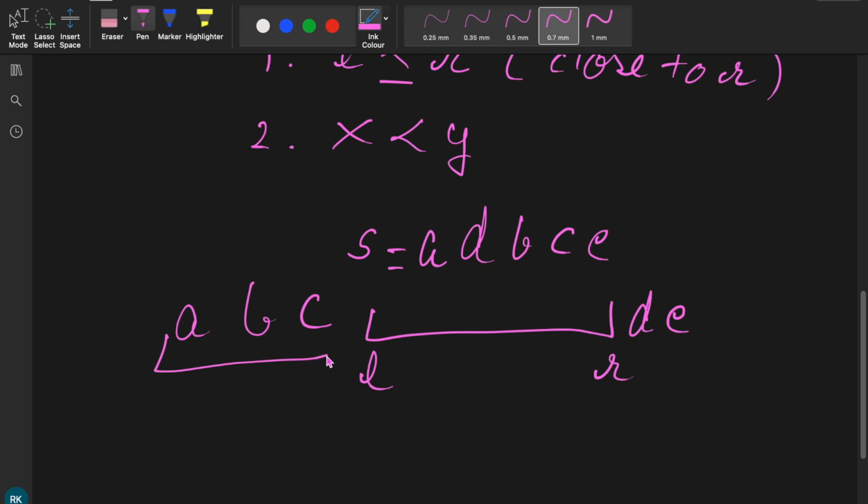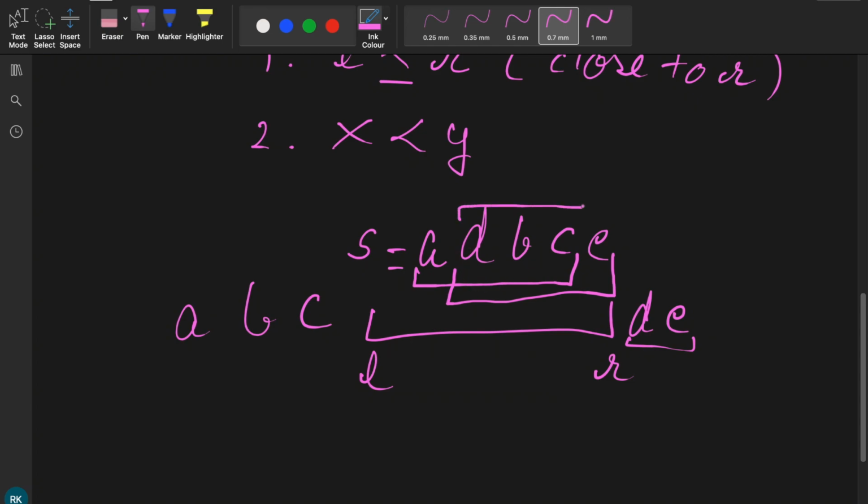Now this ABC is a subsequence starting from S. If I form the subsequence, this substring from the starting will have ABC as its subsequence. Similarly for DE, we start from the end and go until DE becomes a subsequence. If we start from E, we form this DE. If you see here, this BC overlaps in both. So this cannot occur, right?